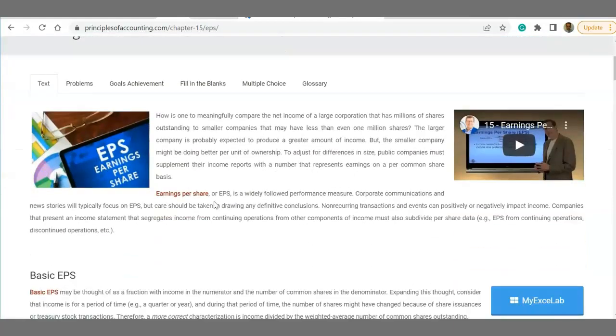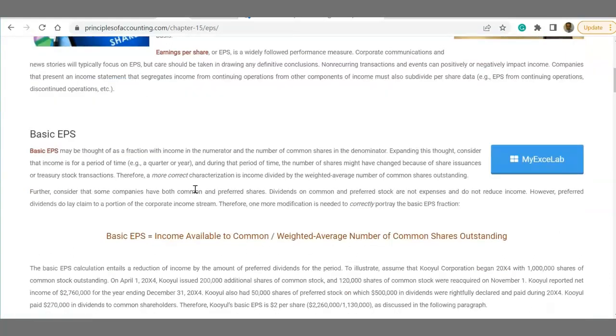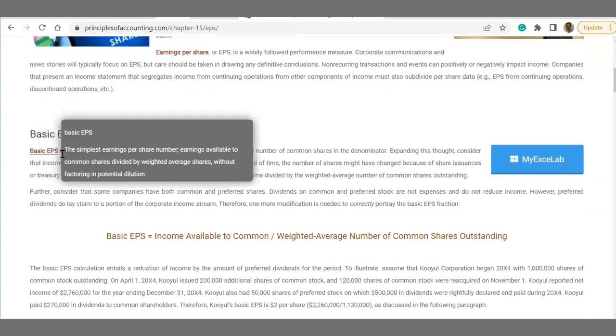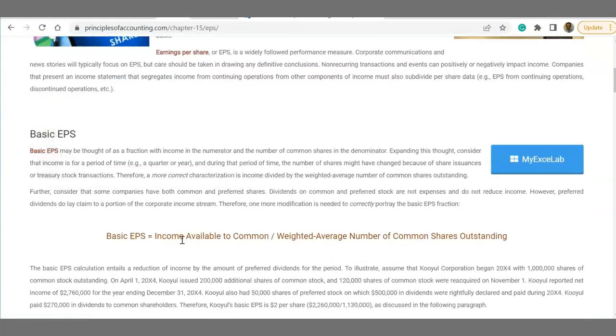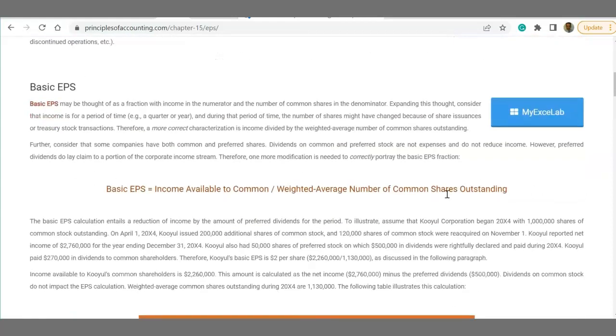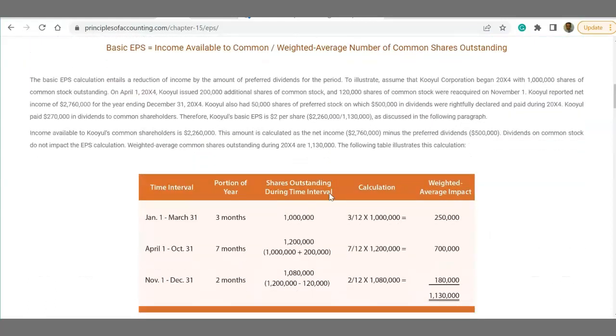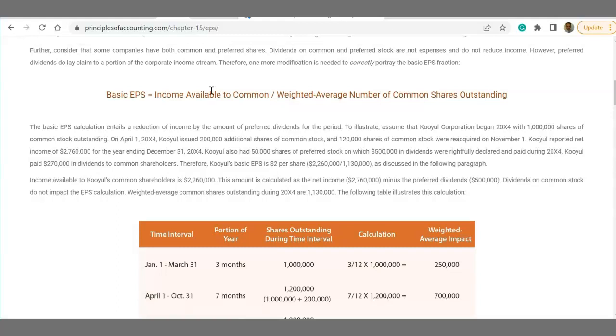Earning per share, I already explained that, so I'm going to pass that. This is the basic earning per share, which is income available to common stockholders divided by weighted average number of shares outstanding. That's basic earning per share. But sometimes we have a diluted earning per share, also, so that will be separately calculated in a different manner.